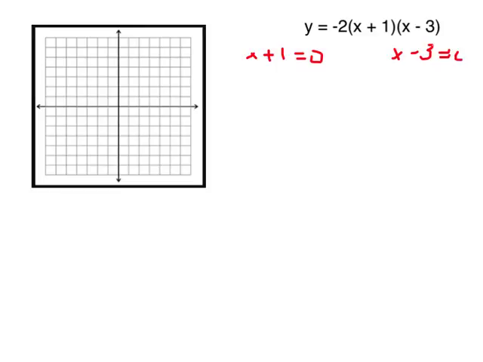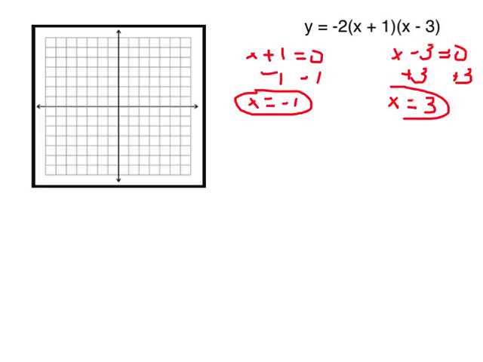And then we just solve for x. Minus 1 to both sides. X equals -1. There's the first x-intercept. Add 3 to both sides. X is equal to 3. There's your second x-intercept.